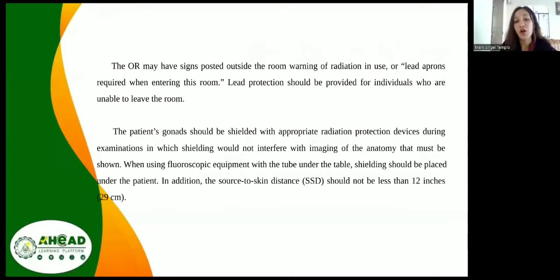When using fluoroscopic equipment with the tube under the table, shielding should be placed under the patient. In addition, the source to skin distance should not be less than 12 inches, which is 29 centimeters.